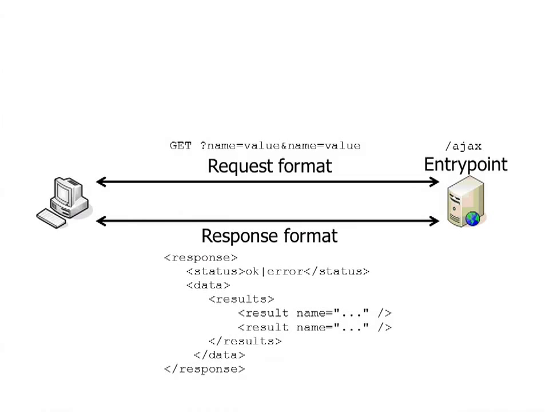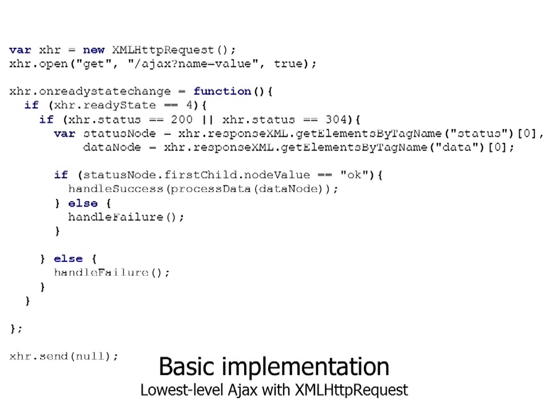So if you take a look at this, very simple, back in the early days of SOAP and such, you'd have a request going out to the server, maybe some query strings. The server has an entry point called AJAX, and then it gets back an XML document as a result. And so then you have a basic implementation of reading that with just an XML HTTP request, and it's a complete mess, right?